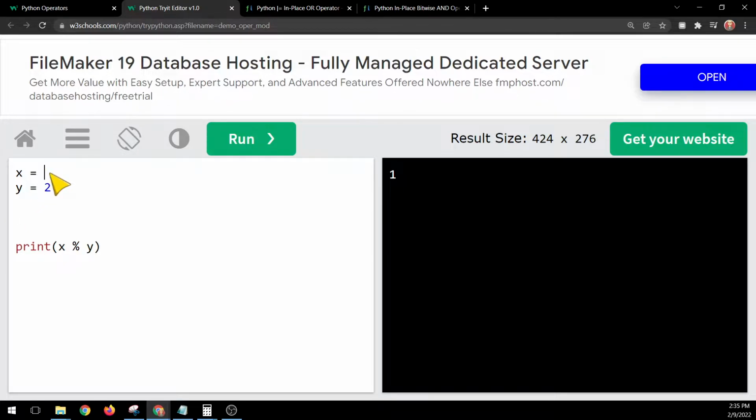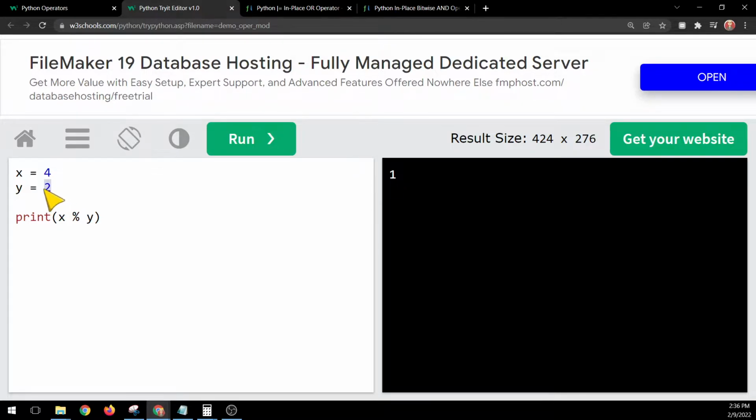Suppose 4 mod 2, 4 modulus 2. So write this out: print x mod 2. How many times does 2 fit into 4?